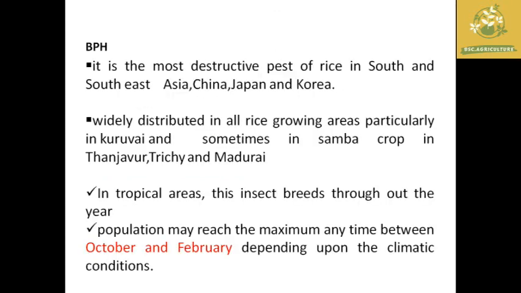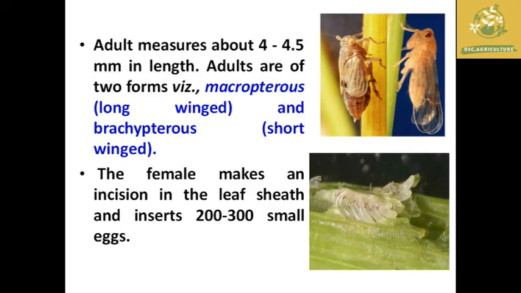BPH is said to be the most destructive pest in South and Southeast Asia, China, Japan and Korea, and is widely distributed among crop growing areas. In tropical areas, the insect breeds throughout the year, and the population is at its maximum between October and February, based on climatic conditions.